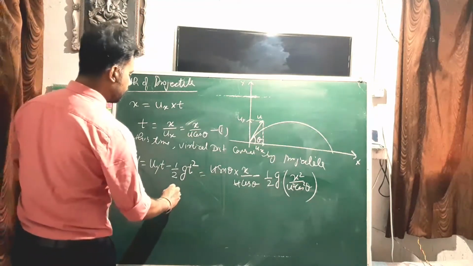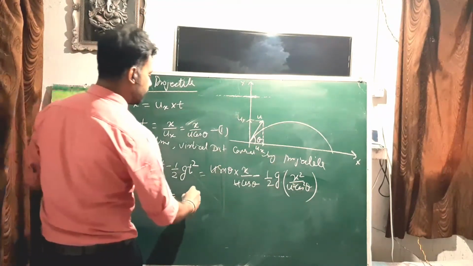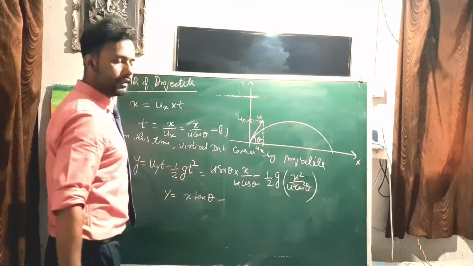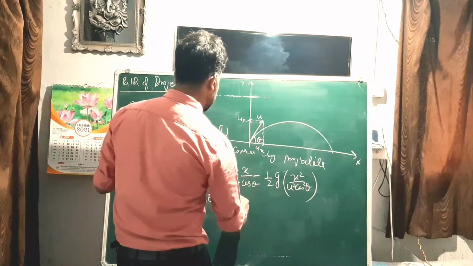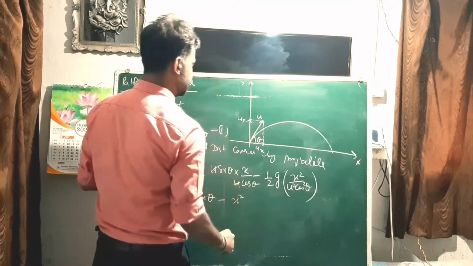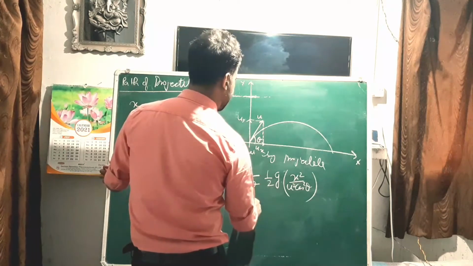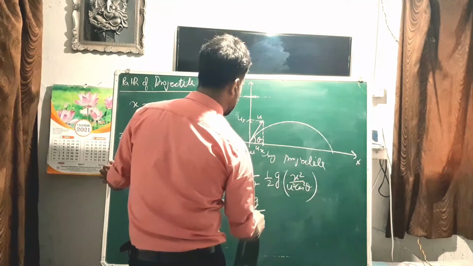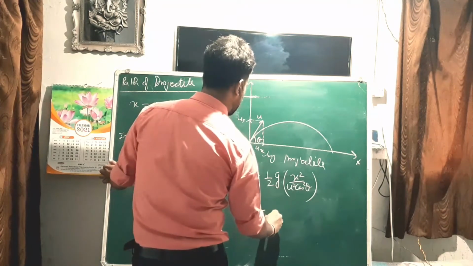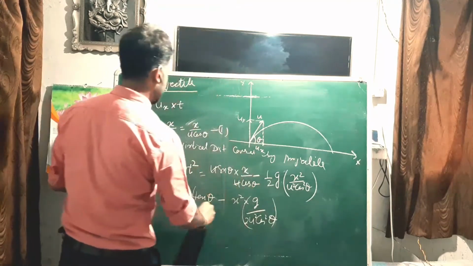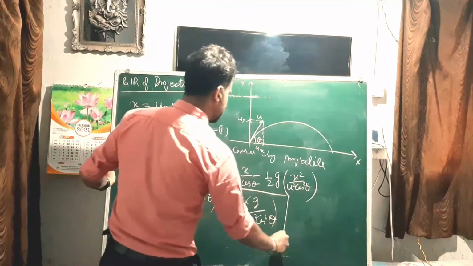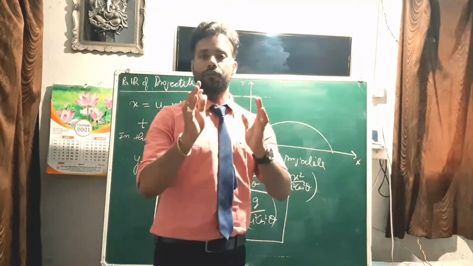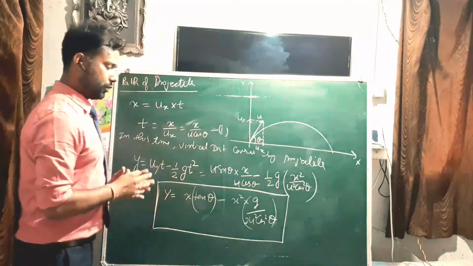So the equation becomes y equals x tan theta minus x square into g upon 2u square cos square theta. This is the equation of motion, or the path, of the oblique projectile motion.